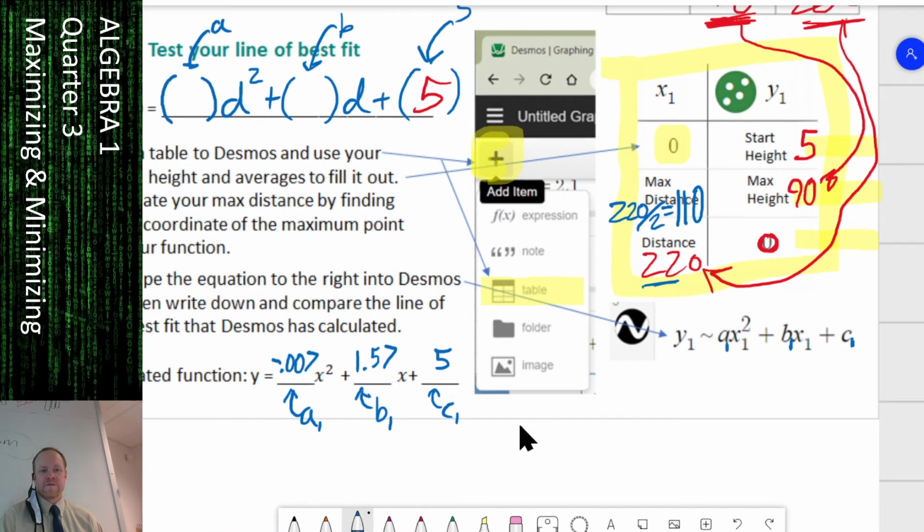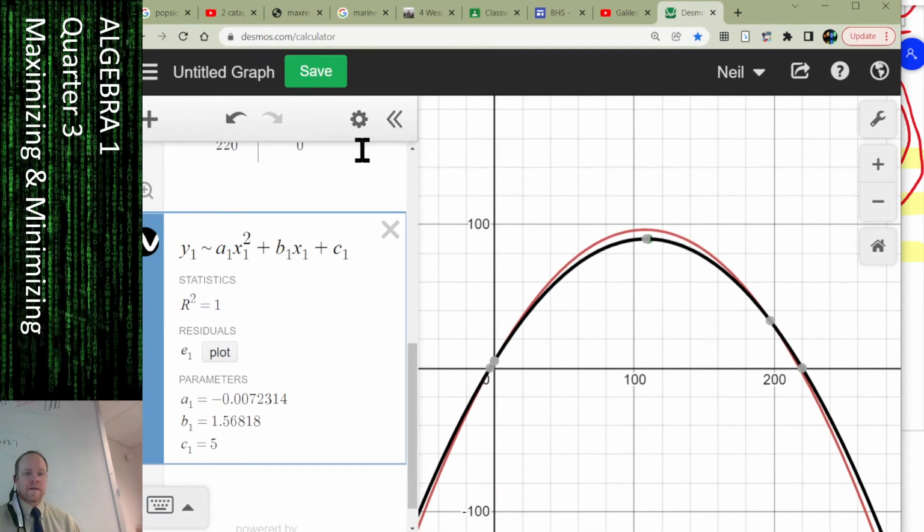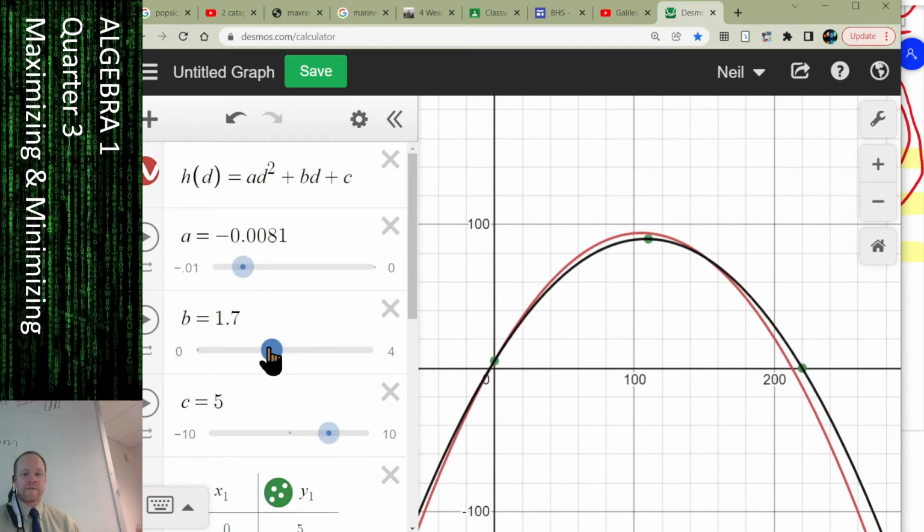So we have two different versions of the line of best fit. We've got the one that Desmos calculated, and we've got the one that you manually adjusted using the A and B sliders. My A and B sliders were at the top here, and I could have changed it a little bit to make it fit better. Make it go down a little bit more, and then increase it, and that's really close.